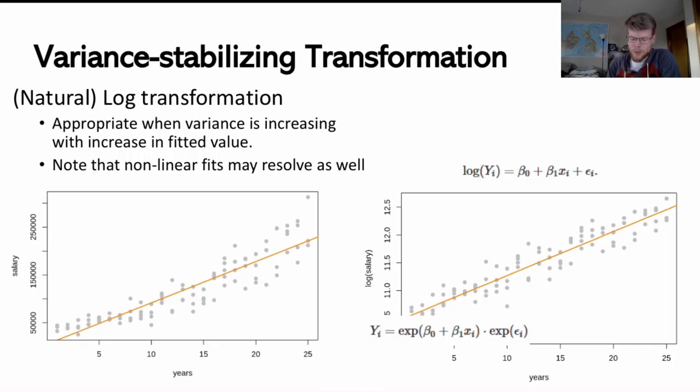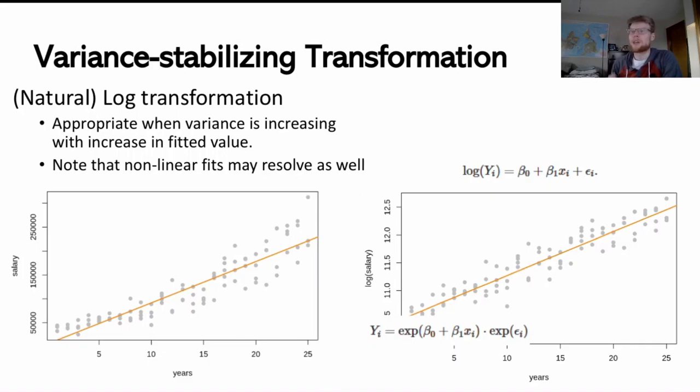So one option we have is to transform the response variable with a log transformation, so a natural log. If I say log in this class, I mean natural log all the time. A natural log transformation on the response will often stabilize the variance in our residuals.